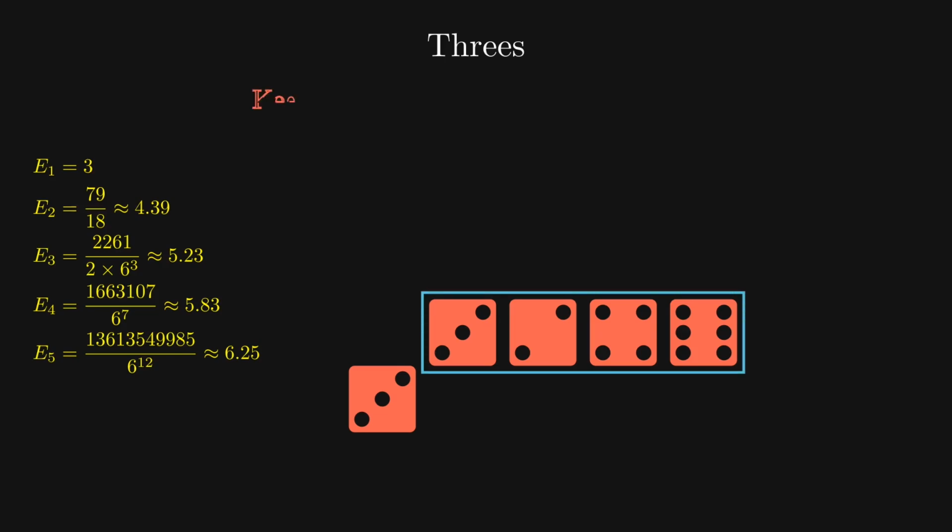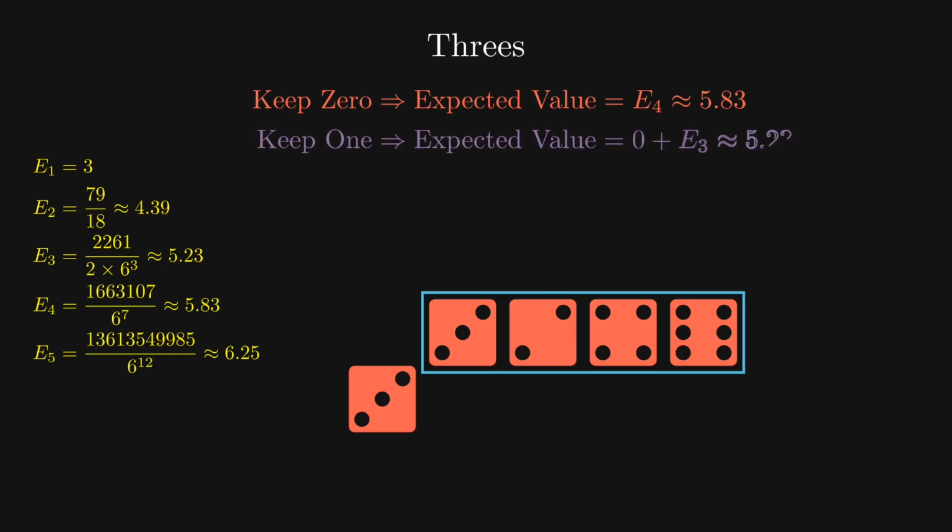We consider 5 cases. If we keep none, the expected value is E4, which approximately equals 5.83. If we keep 1, the expected value is 0 plus E3, giving us 5.23. If we keep 2, the expected value is 0 plus 2 plus E2, equaling 6.39.